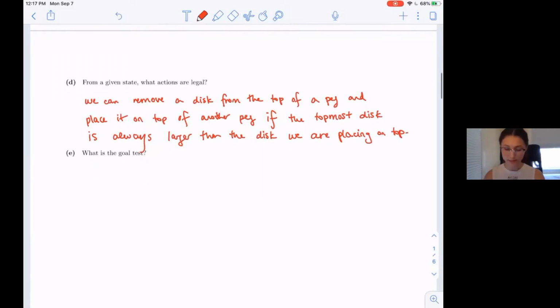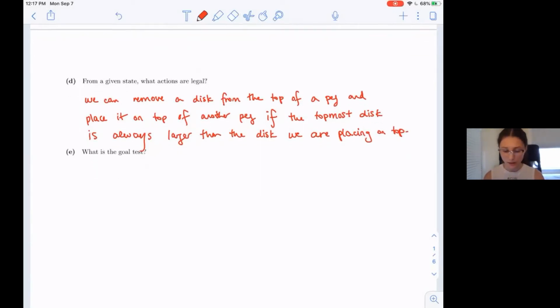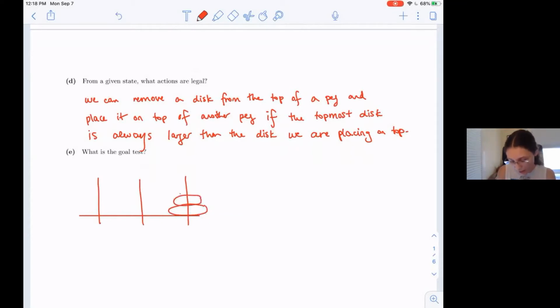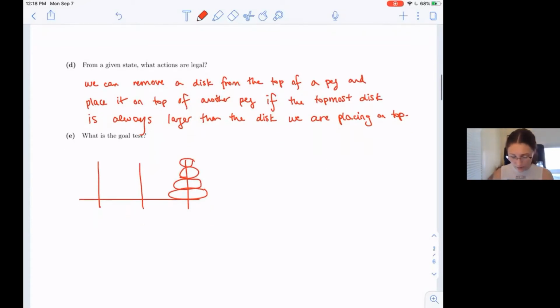What about our goal test? How can we check a condition that we have achieved our goal? Well, if you remember what our goal configuration was, if we had these 3 pegs, we wanted to have disk 4 at the very bottom, disk 3 above it, 2 and 1 stacked on like this. And so all we need to do is convert this pictorial representation into a state space representation so that we can essentially just ask, is the current state of my game equal to this desired state?